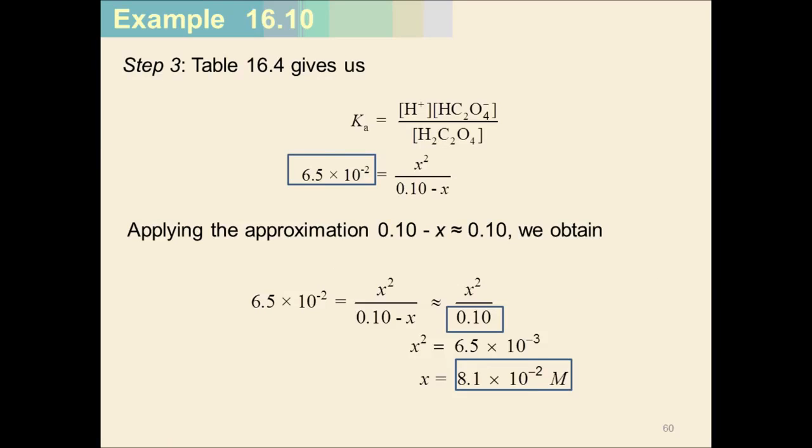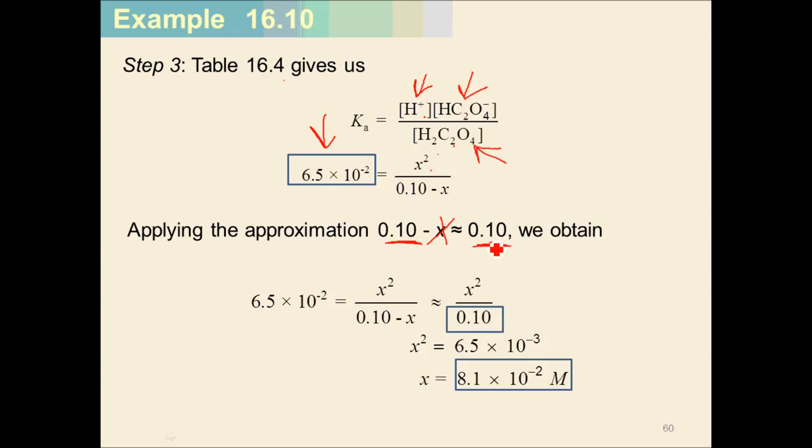Do the Ka, which was given to us in the chart from table 16.4, for step 3. Again, hydrogen ion concentration, our conjugate base, and our acid's concentration. We said that each of those was X, so X squared divided by our concentration of acid, 0.1 minus X. Let's see if we can use the approximation and assume that X is negligible and we can just use 0.1.